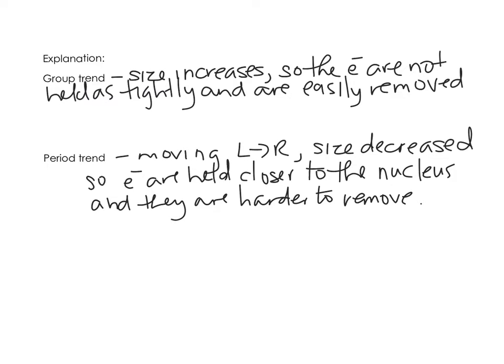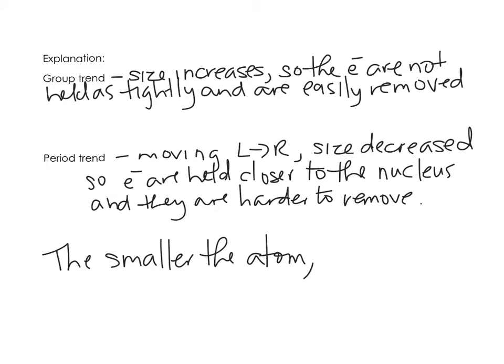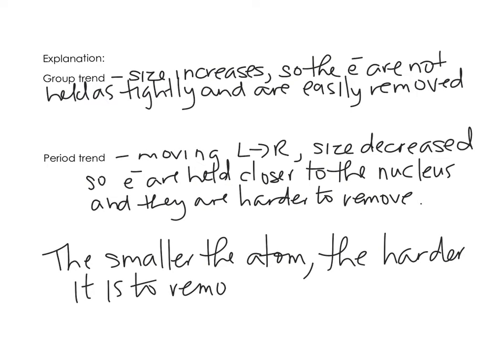So basically, the smaller the atom, the harder it is to remove an electron. And that's what ionization energy is. It's the energy required to remove an electron.